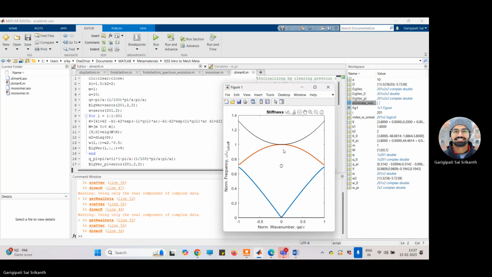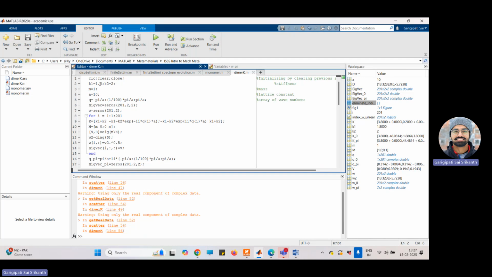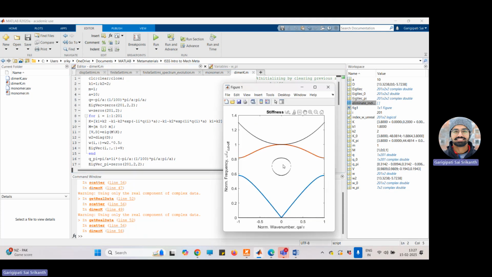Okay, so far what we were trying to do was, let's show this. We were trying to plot the attenuation curve, and when we do, this is what we see.